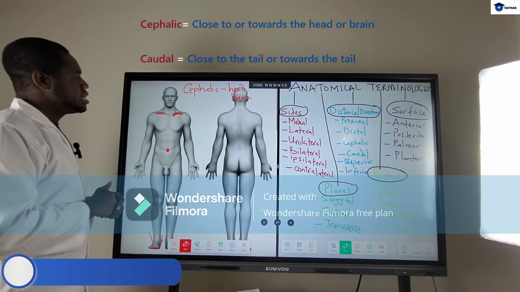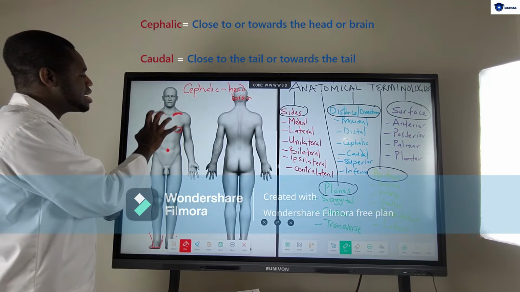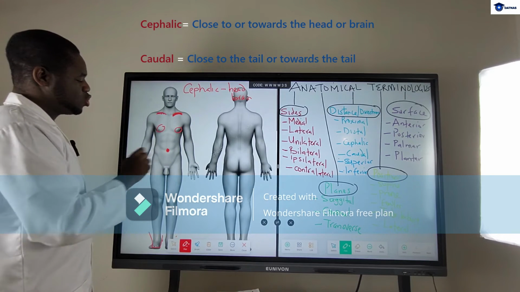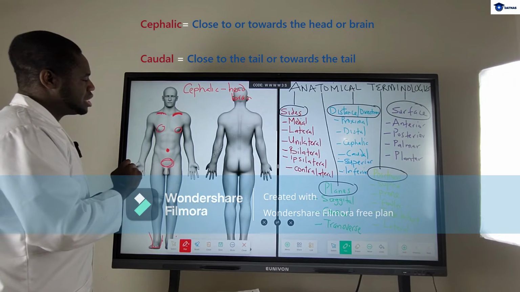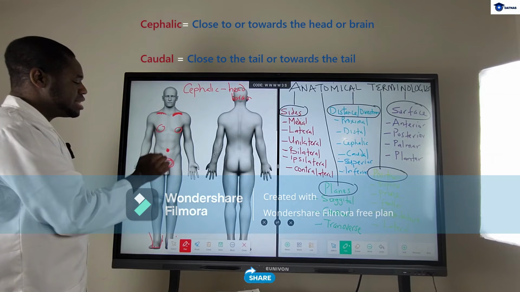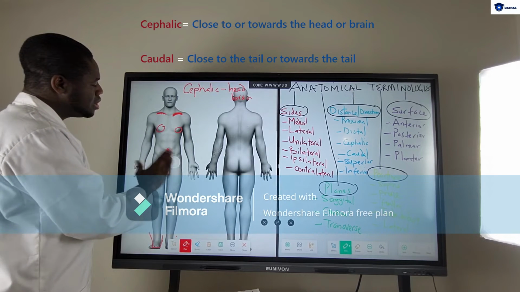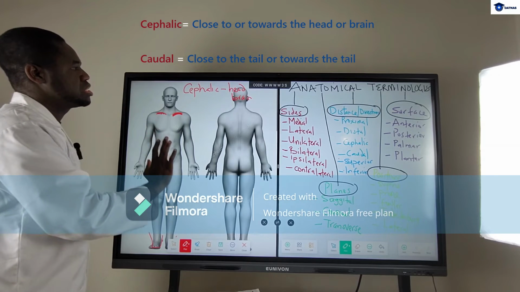If I say that the breasts are cephalic to the pubis, I'm saying that the breasts are closer to the head than the pubis. So cephalic means towards the head.